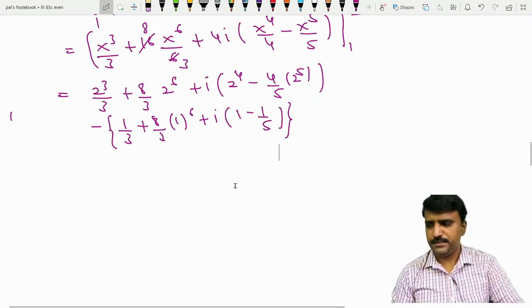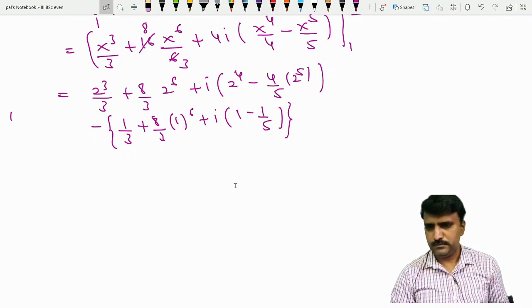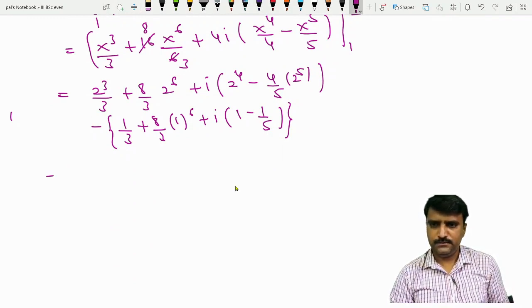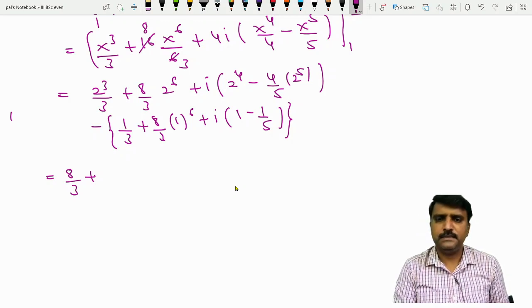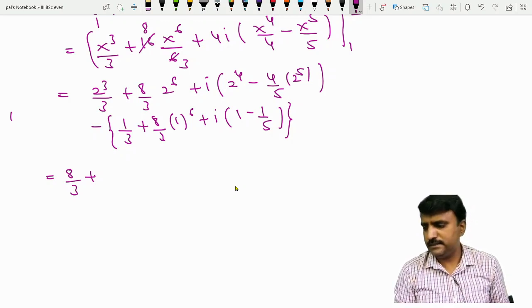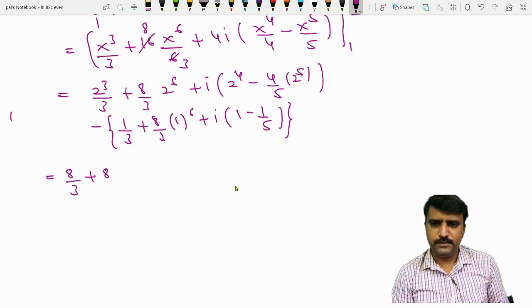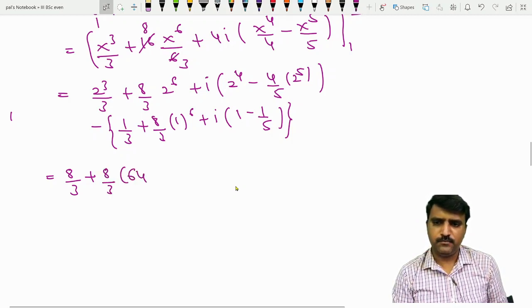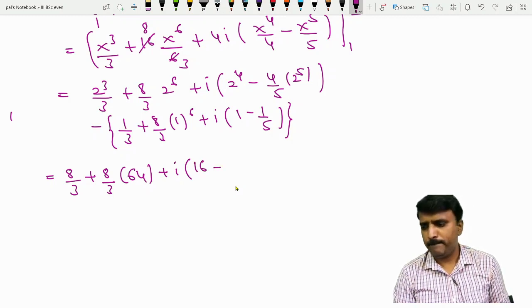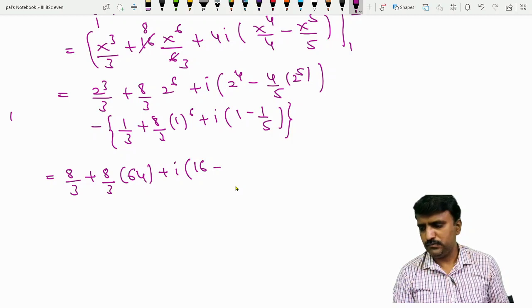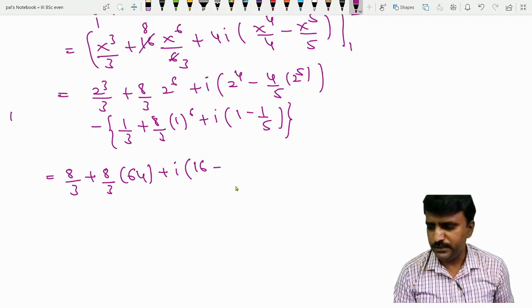Its simplification is, which is equal to 8 by 3 plus, so 2 to the power 6 is 64, 8 by 3 into 64 plus I into 2 to the power 4 is 16 minus 4 by 5 into 2 to the power 5.